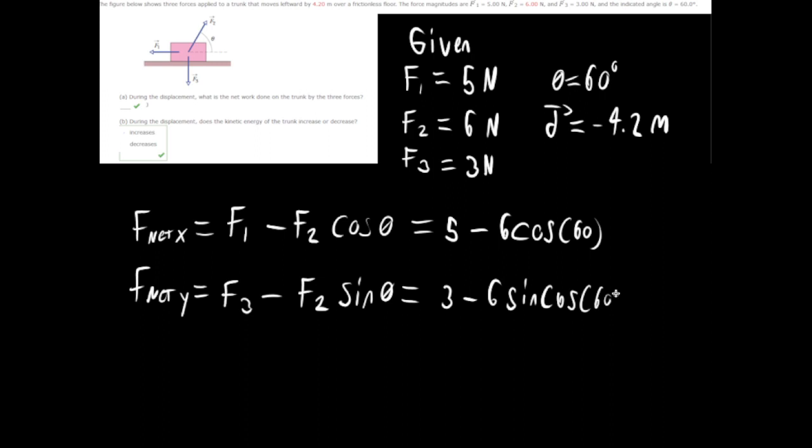Let's plug it in. 5 minus 6 cosine 60 is going to be equal to 2.